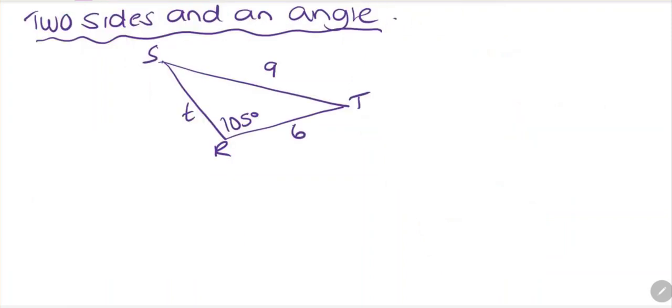So in this triangle, there's two sides and an angle that we know. So little r is 9, and little s is 6, and we know that big R is 105. So we're going to use big R, so we can find the sine of big R divided by little r, and we can find angle S first.